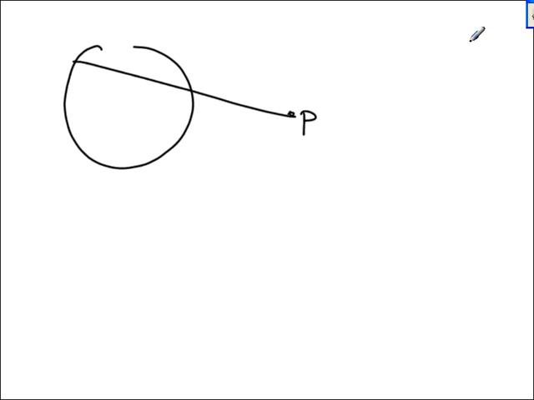Now, we just did secant or tangent to tangent secant. Let us do an exterior point. Let's do secant secant. If this is A, B, C, and D, this theorem is straightforward.